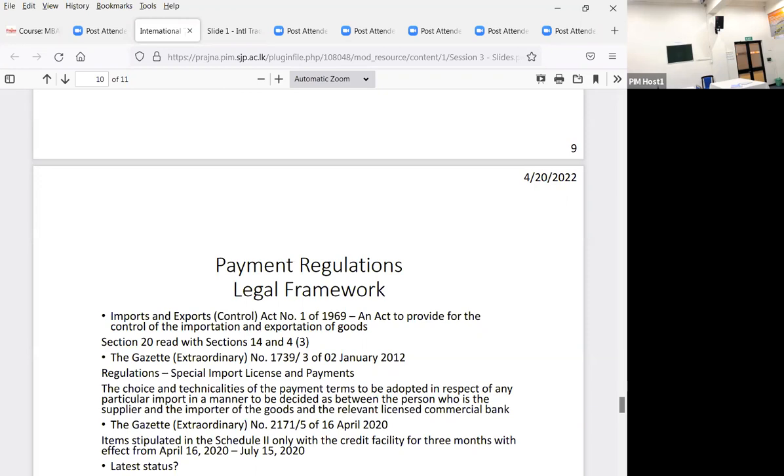Now, when you open the LC, there are two parties: you are an importer in Sri Lanka, and you have an exporter in India. Before you open the LC, there are 10 activities.